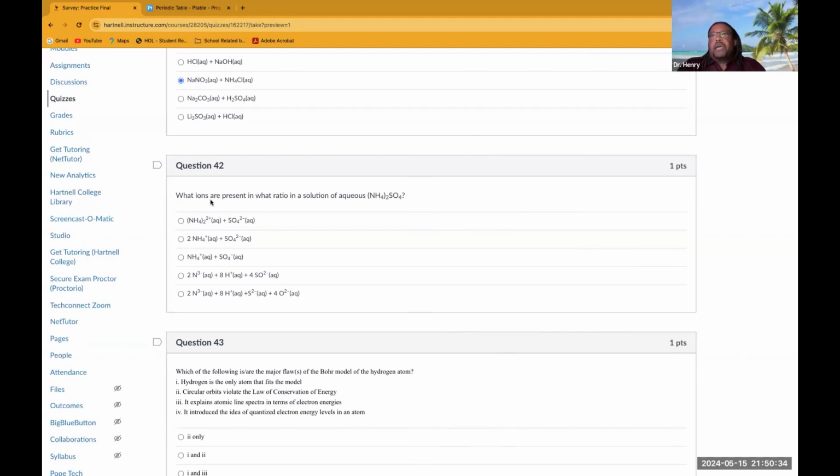Okay, so what ions are present in what ratio in a solution of aqueous ammonium sulfate? Well, it says it's soluble, so I guess we have to look at the aqueous symbol, which is on all of them.